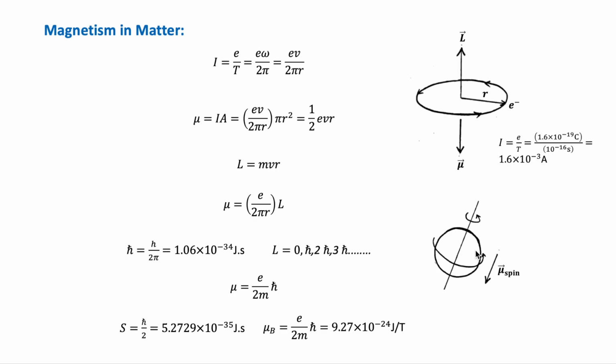Using quantum theory, the magnitude of the spin angular momentum is given by h bar over 2, which is 5.27 times 10 to the minus 35 joule seconds.